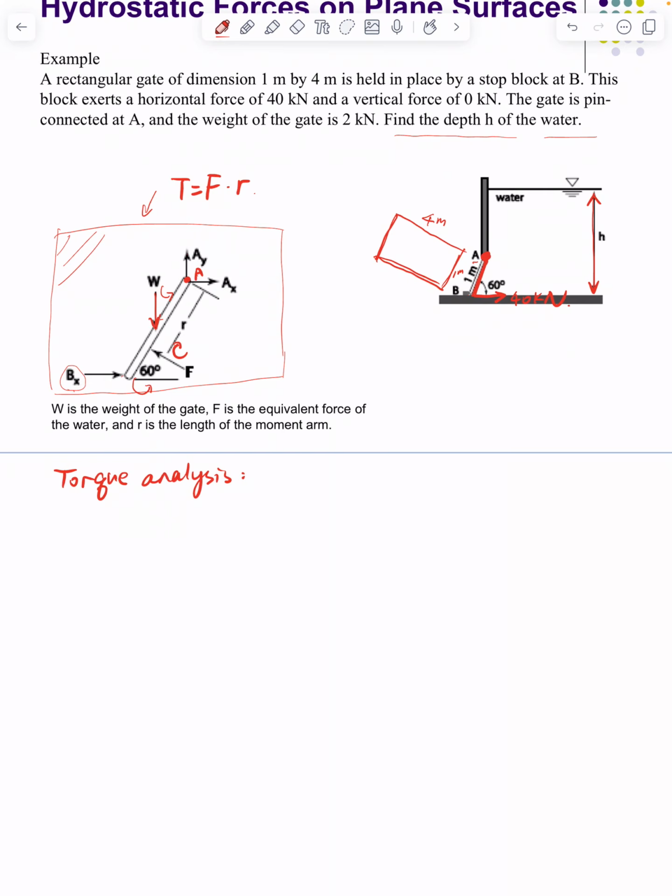So we see that we said the clockwise torque is from F, and both B and W are doing counterclockwise torque around A. So we put the clockwise torque on the right hand side, and it is F multiplied by R. F we don't know, R we don't know, and it equals the torque from the weight.